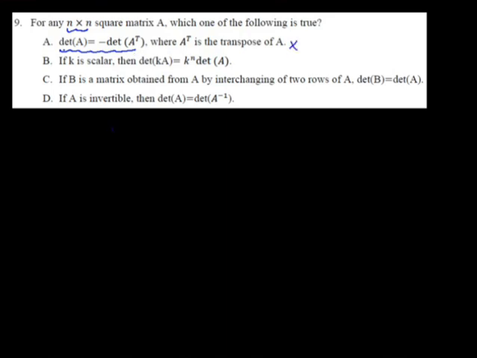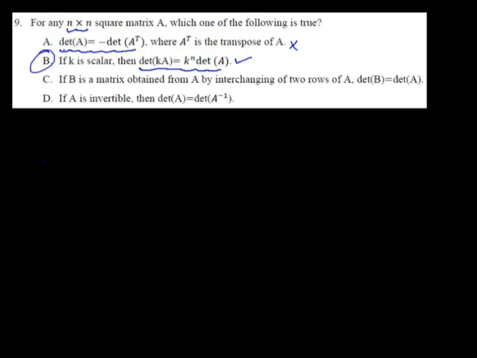So we ignore it. If k is a scalar, then determinant of k times A is k to the power of n times determinant of A. This is one of the well-known properties of determinant. Therefore, automatically our answer will be B.